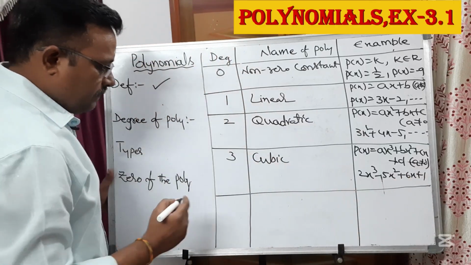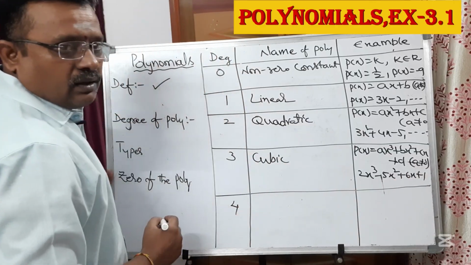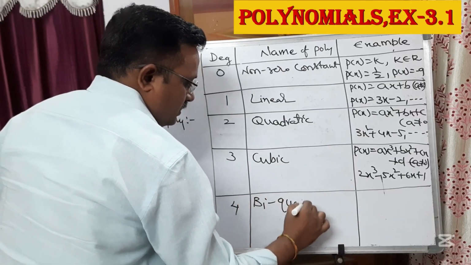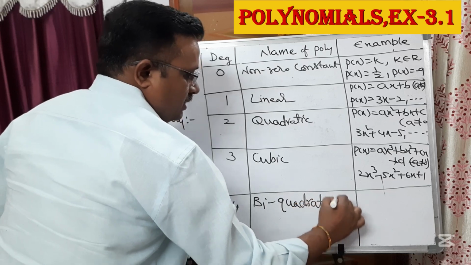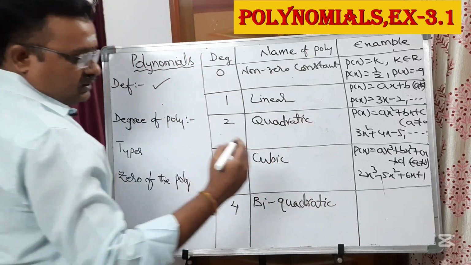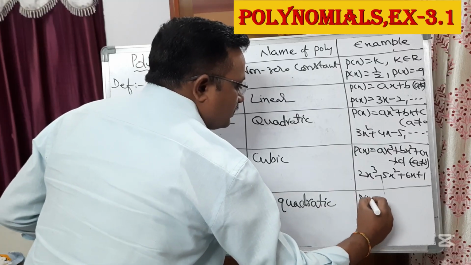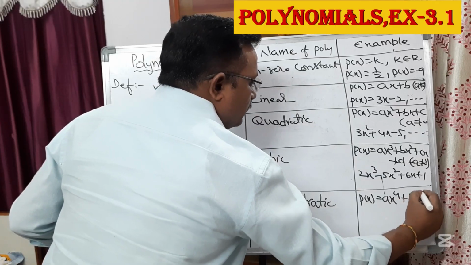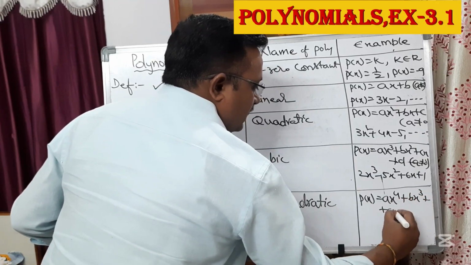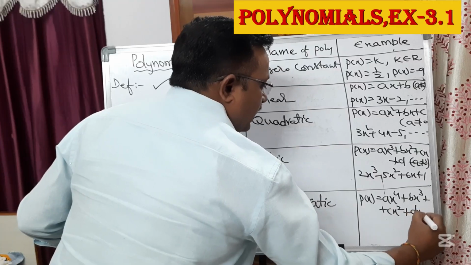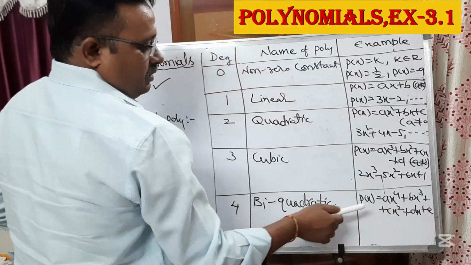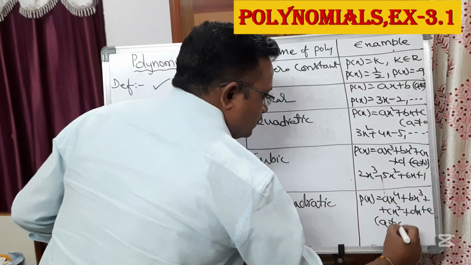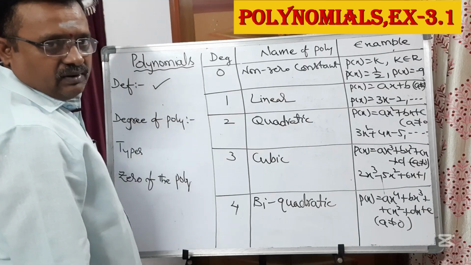In the same way, if the degree is 4, we can write that as a quartic polynomial. Simple example: p of x equal to ax power 4 plus bx cube plus cx square plus dx plus e, where the coefficient a of the highest power of the variable is not equal to 0.